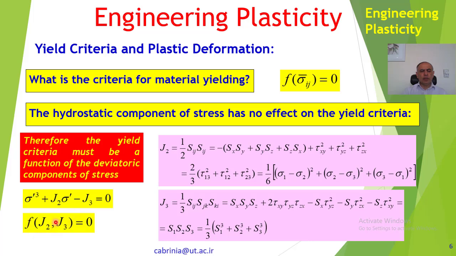So if we make the function a function of J2 and J3, then this assumption also is satisfied, and the previous assumption is also satisfied because these deviatoric stresses are also invariant as well, because we can write them down in terms of I1, I2, I3, so it means that these are also invariants. So the two assumptions so far are satisfied if we put F in terms of J2 and J3.